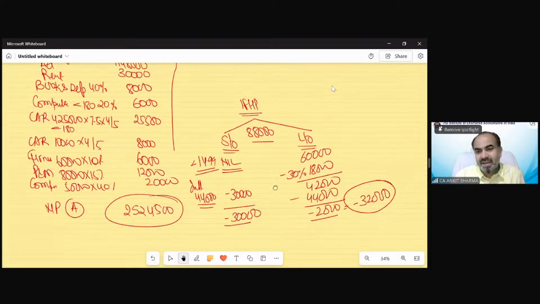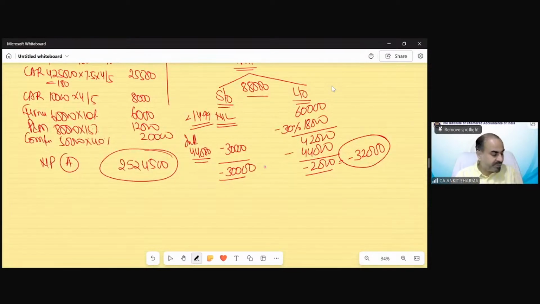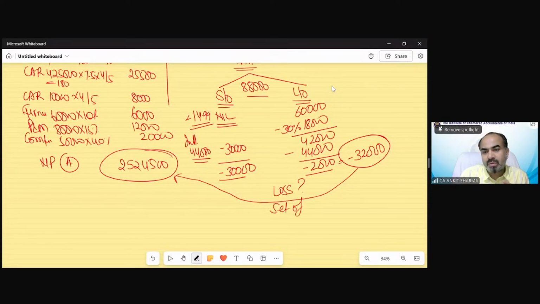Now, can we set off losses from house property against PGBP? Yes or no? Is set off allowed or not allowed?